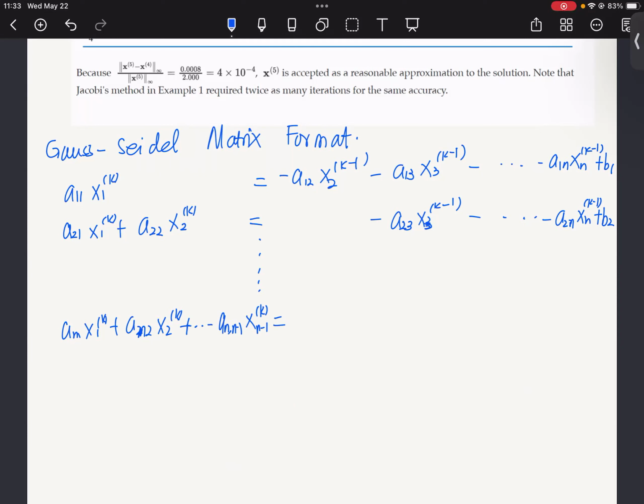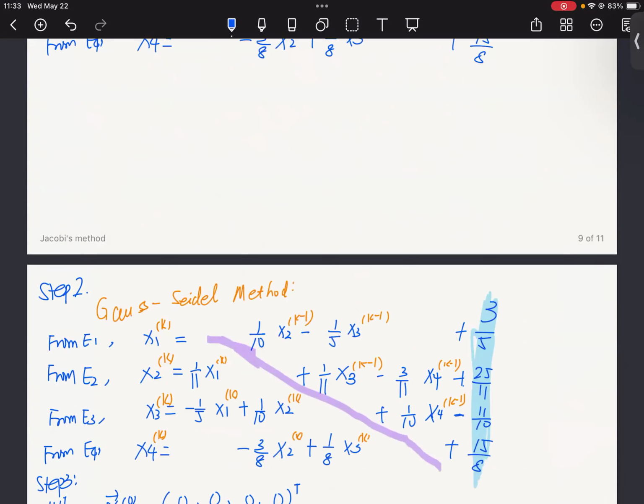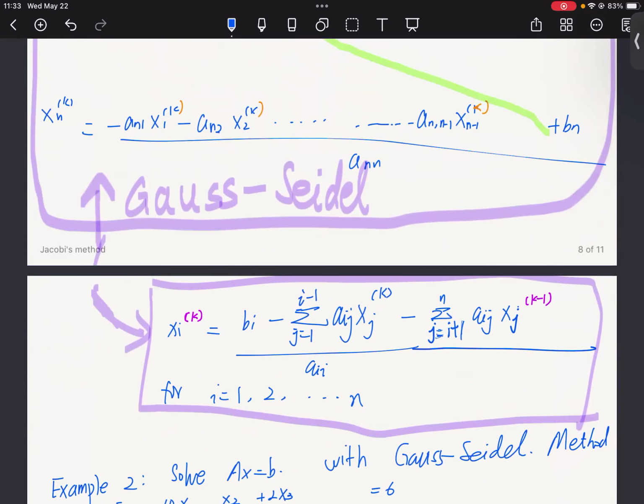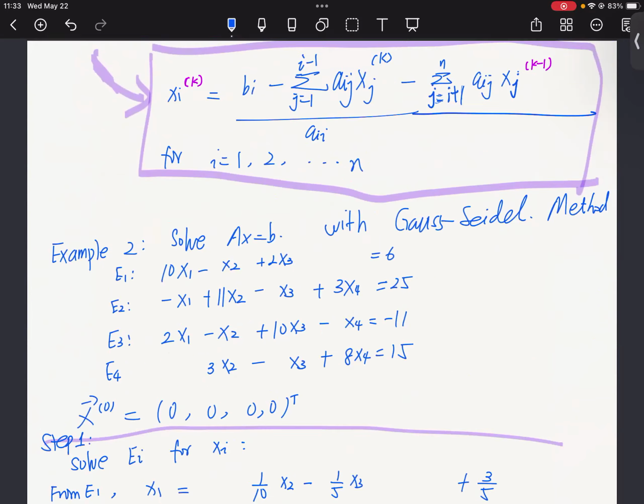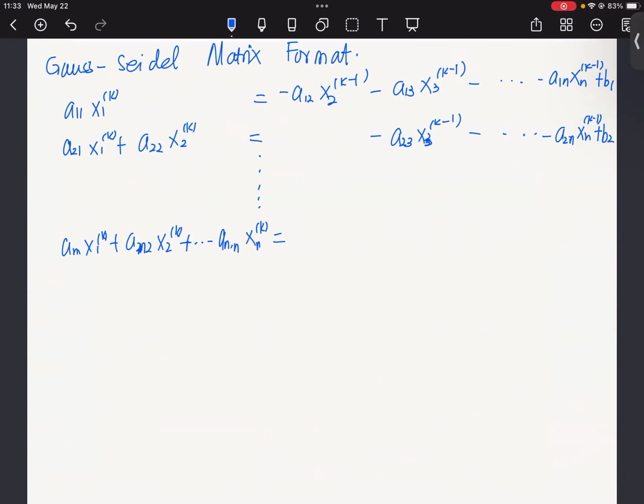No, we should include the diagonal. It should be ann, sorry. Because this is just a variant format of this one. Then we would have aii xi k here, so we have xn k at the end. On the right, that's the only item here, bn.